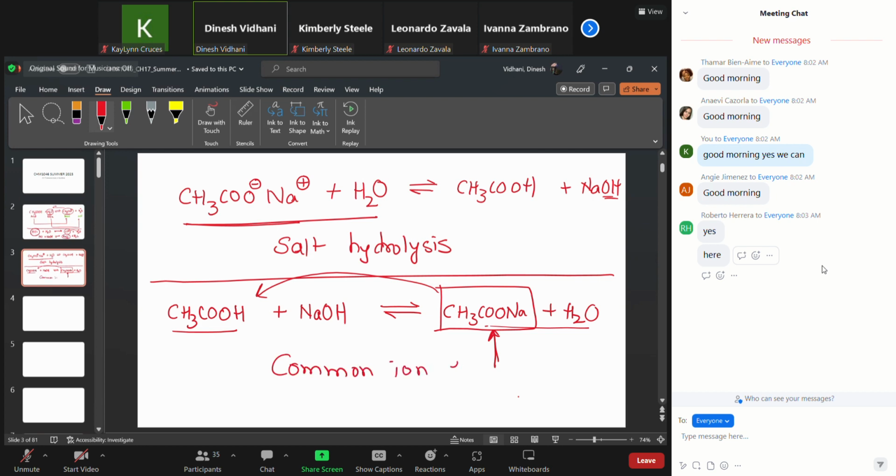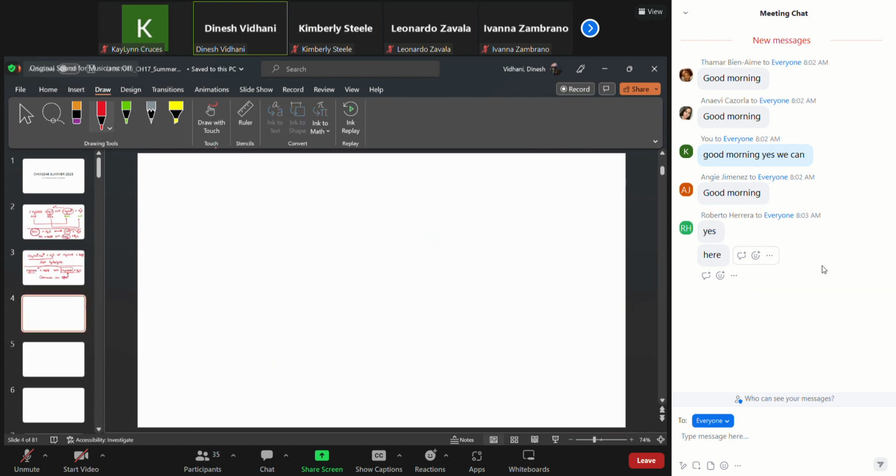Common ion effect. So as I said, you add acetate ion from outside and the reaction will be shifted to the left side. Now, let me give you one interesting situation. The same reaction, acetic acid and sodium hydroxide at equilibrium gives you sodium acetate plus water.